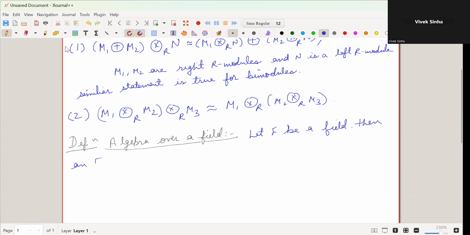an F algebra is an abelian group, first of all, let's say R with addition. In addition to this abelian group structure, it must have a multiplicative structure.